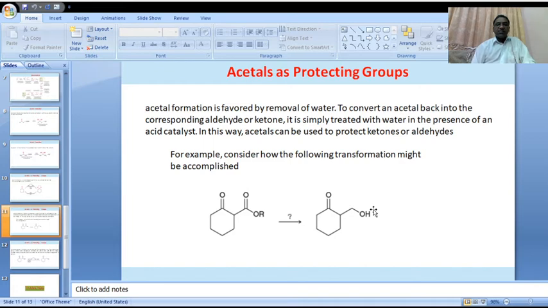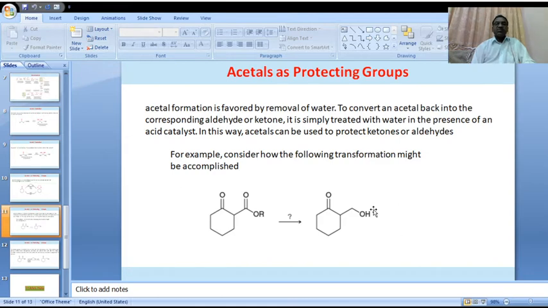In this way, acetals can be used to protect ketones or aldehydes. In this manner, these acetals are used to protect the particular ketone functional group, or it may be the aldehyde functional group. For the protection purpose, the acetal formation reaction generally proceeds.